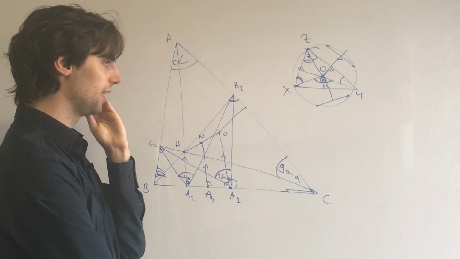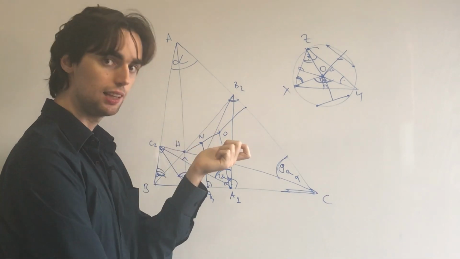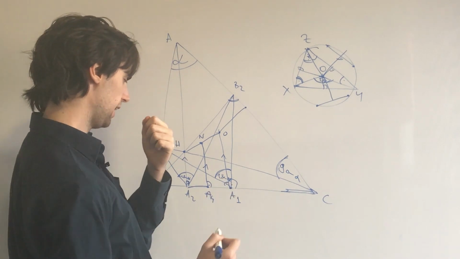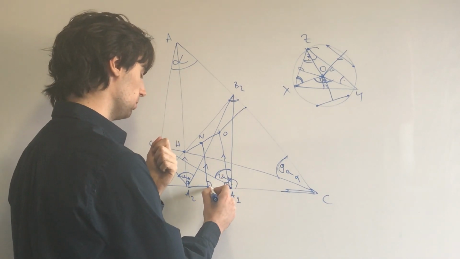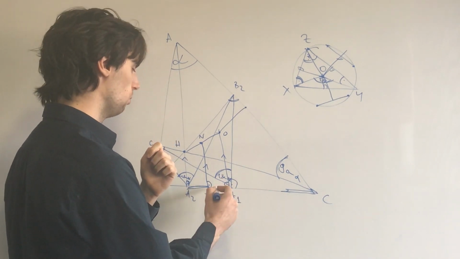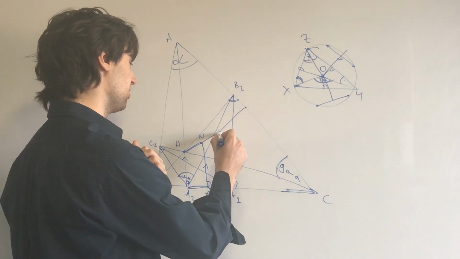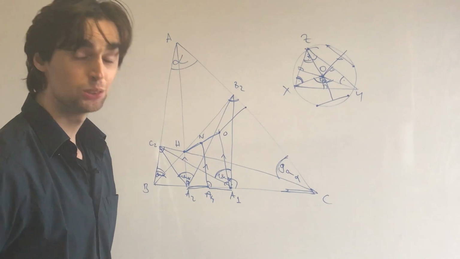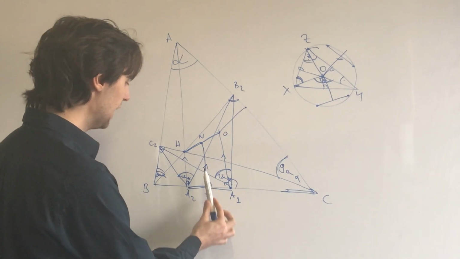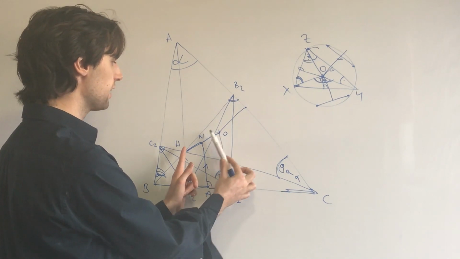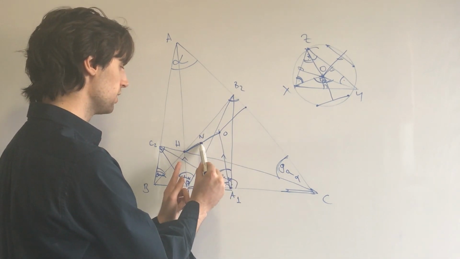And now I think this is Thales' theorem, where this means that A2A4 over A4A3 is equal to HN over NO.